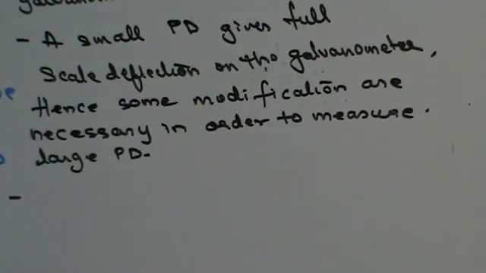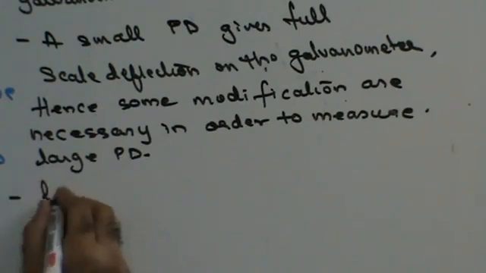Third, as the potential difference is applied across the terminals of the galvanometer, a large current will pass through the galvanometer coil, which will cause the damage of the coil. You also have to protect the coil of the galvanometer. If I'm going to connect this in the circuit with very high potential difference, a large amount of current will flow through the coil that could cause the coil to get burned, right?